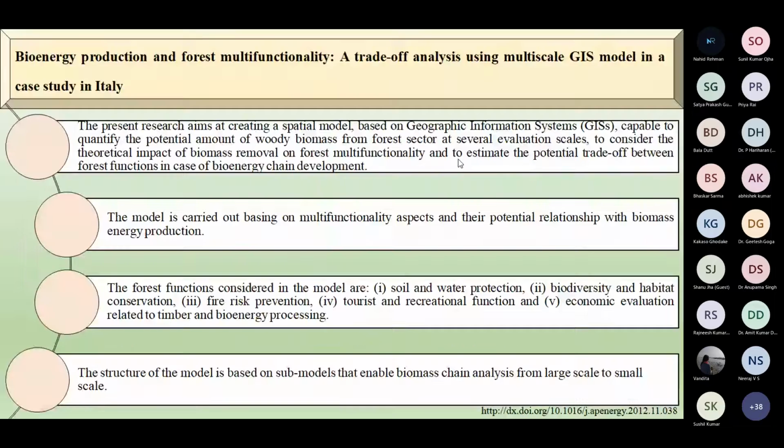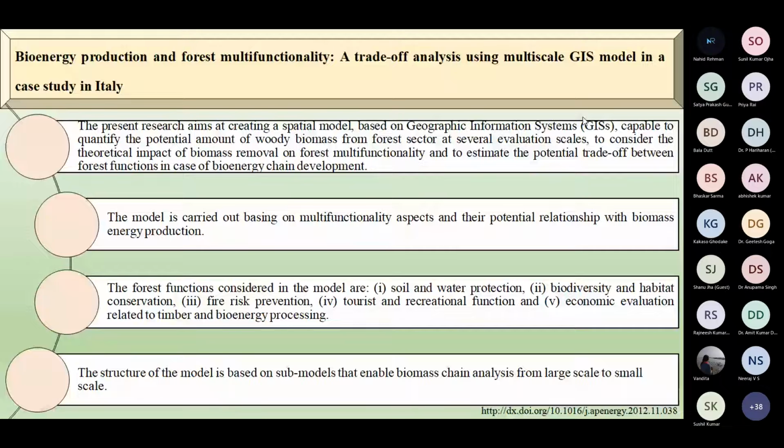Another case study was conducted in Italy, and they used a GIS model to utilize the forest reserves for bioenergy production. They used GIS to locate the potential amount of woody biomass from different sectors of the forest, and they evaluated it.